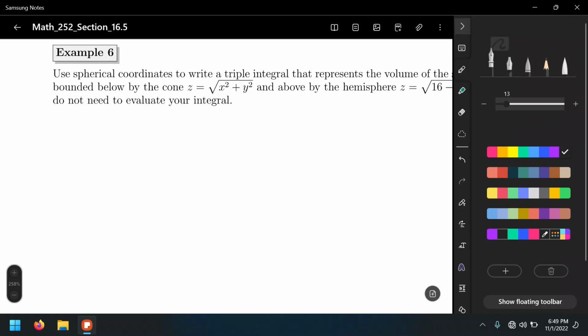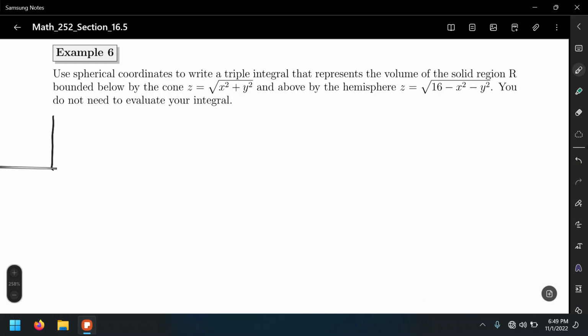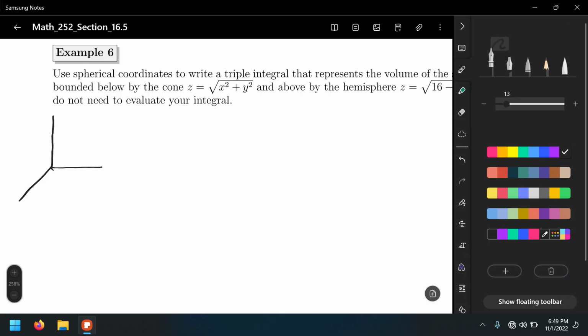So number one, let's draw a Cartesian space. And let me highlight the cone. I'm going to draw using the same color. Well, the cone is going to look like this.